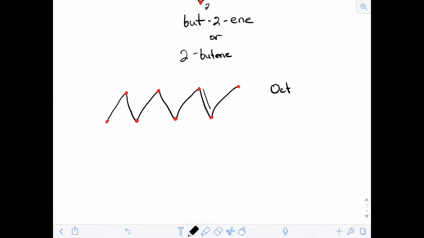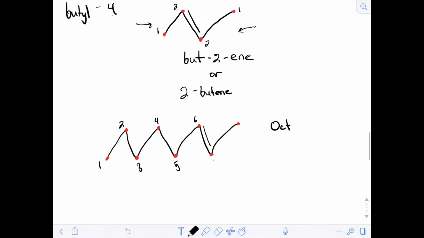Then we're going to count both ways from the right and the left. So we want to get our double bond on the lowest number possible. That's really the key here, is to get that double bond on the lowest number.